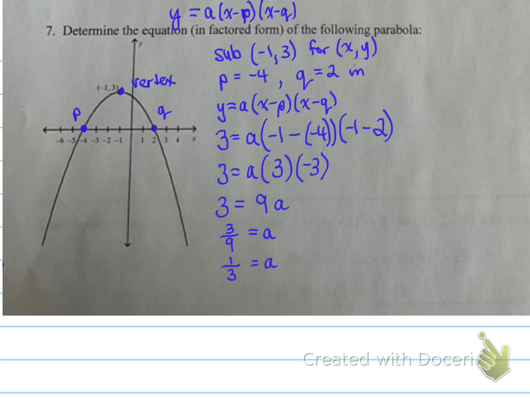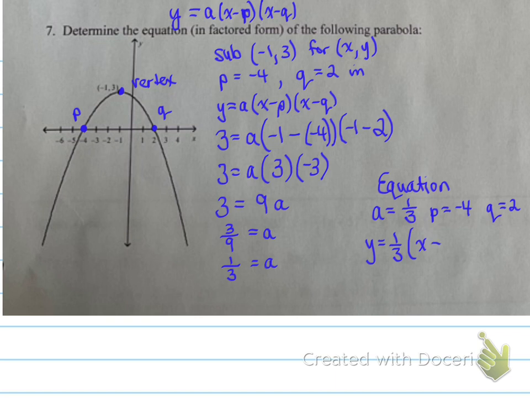So our equation will be the following. We're going to use a equals 1/3, p equals -4, and q equals +2. The equation will be y equals 1/3 bracket x minus p.